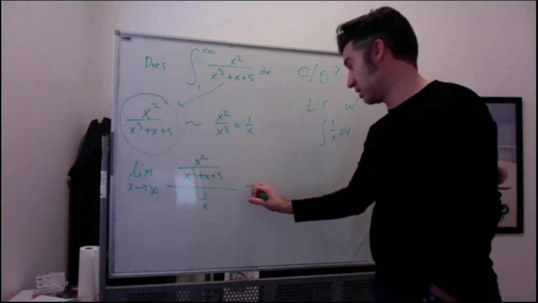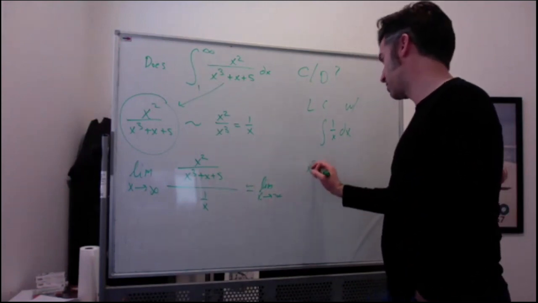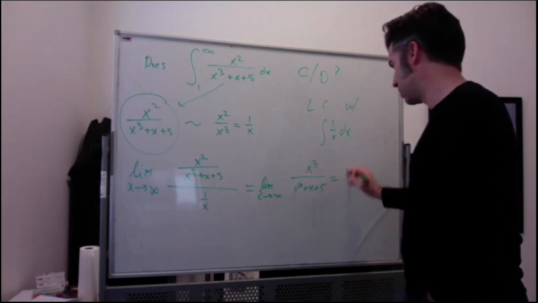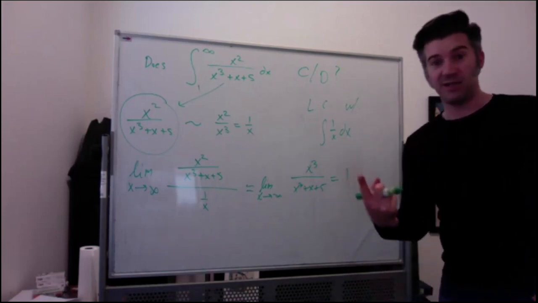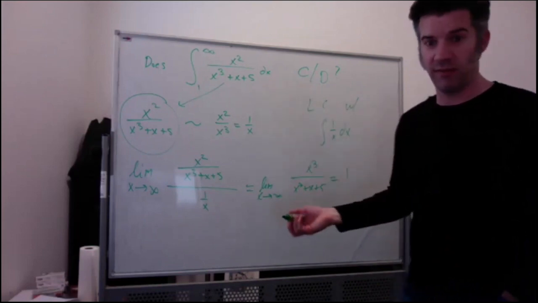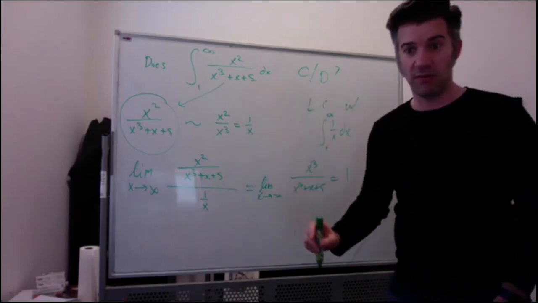This limit is going to equal the limit as x goes to infinity of x cubed over x cubed plus x plus 5, which is certainly 1. And as long as this limit is not 0 and not infinity, this integral and this integral have the same behavior. I should say this integral from 1 to infinity, and this, have the same behavior.